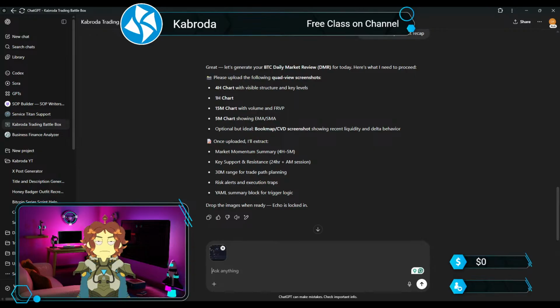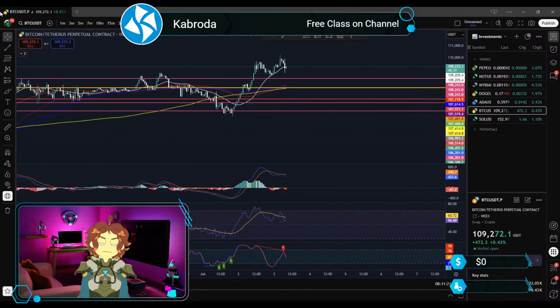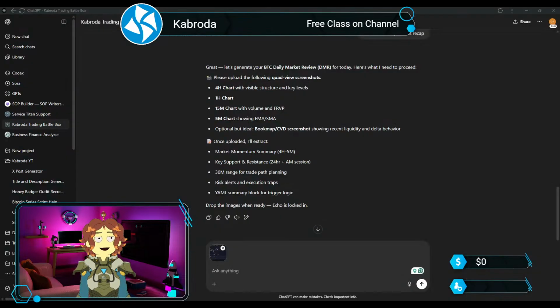That'll be the first one, and we'll just do this 3 or 4 more times to get all of them in there. So next you got the 1-hour chart. So go back to TradingView, 1-hour chart. Get that screenshot, move back over, paste it in there. Back to TradingView, get to 15-minute.